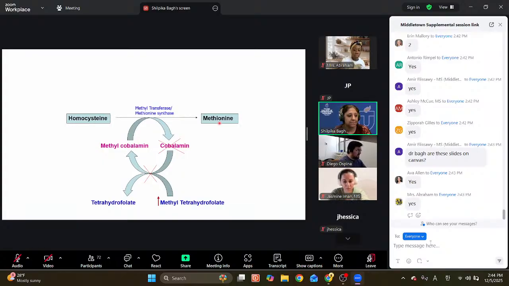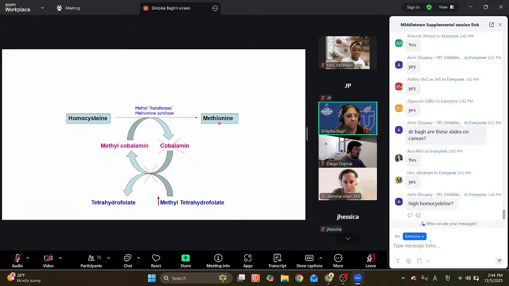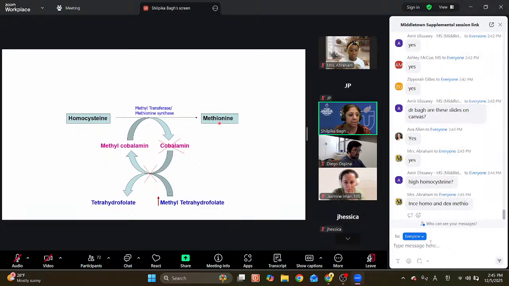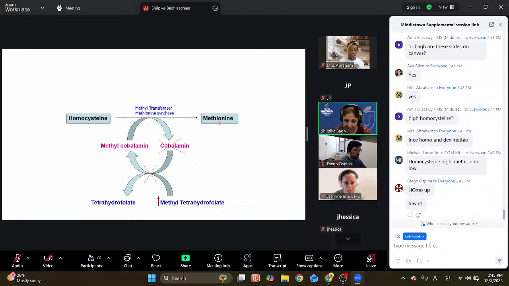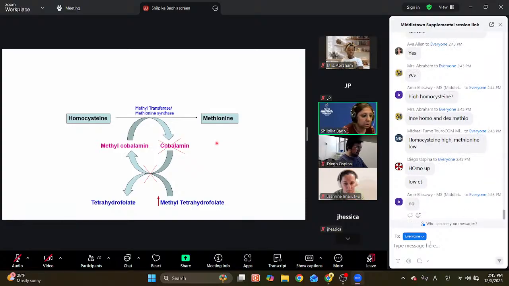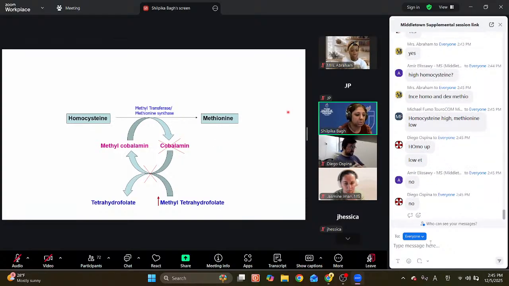Homocysteine high, and methionine low. So does it differentiate folate from B12? No, because in both of them, homocysteine will be high and methionine will be low, right?